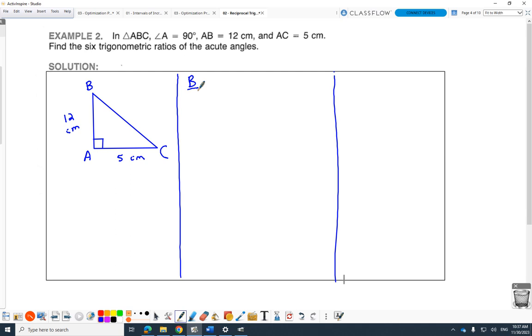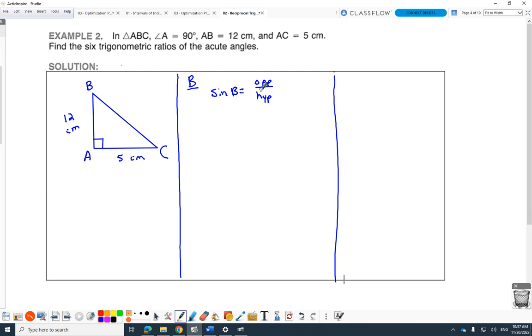So first, sine of B is opposite over hypotenuse. Now be careful, if we're using B, which side's the opposite if I'm using angle B? The 5. That'll change in the question.